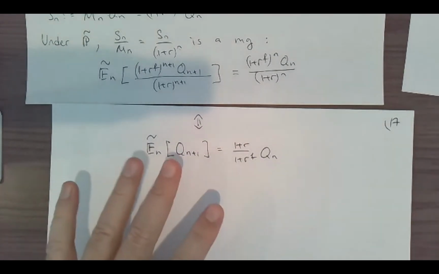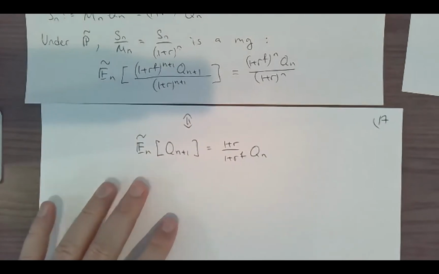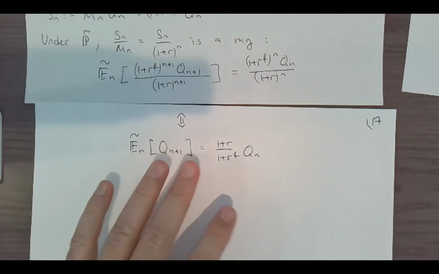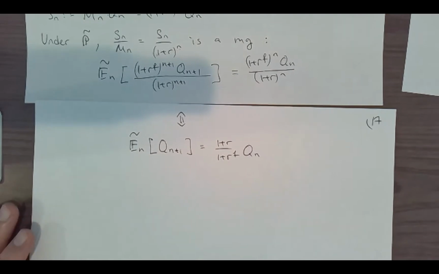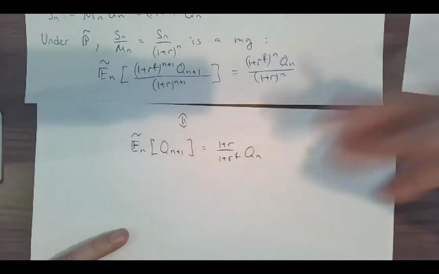So this is not a martingale property of the Q, but it tells me how the conditional expectation of the exchange rate evolves over time.